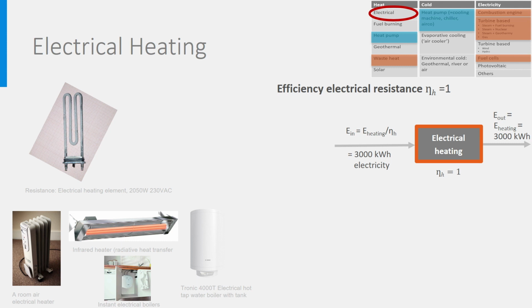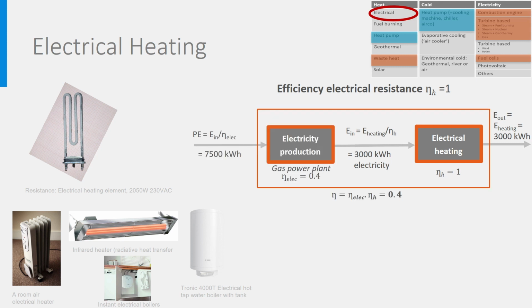Let's consider that the electricity is produced in a gas power plant. The efficiency of such a power plant is around 0.4. So, the annual primary energy, representing the energy content of natural resources, is 3000 divided by 0.4, which is 7500 kWh. So, the true efficiency of electrical heating is not 1, but 0.4.